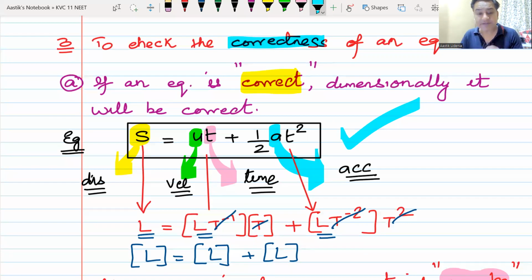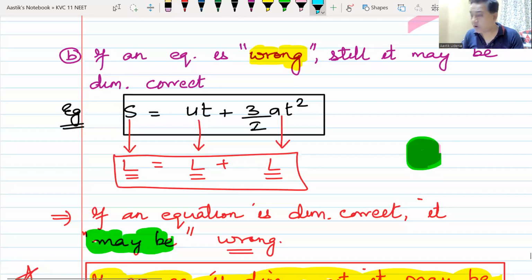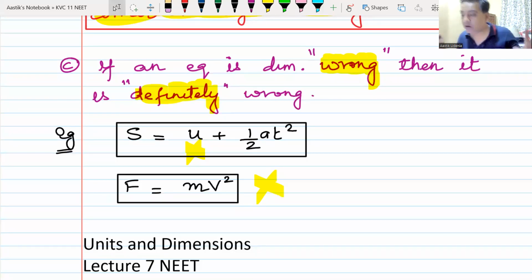But if it is dimensionally correct, the equation may also be wrong, as we had seen in this case, where the equation was dimensionally correct but actually wrong. The third thing we had seen was that if the equation is dimensionally wrong, the equation has to be wrong. A dimensionally wrong equation cannot be a correct equation at all.